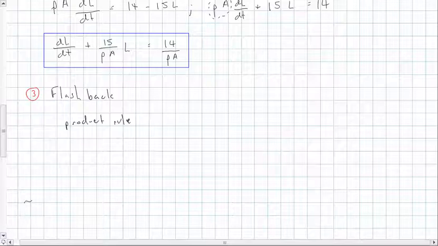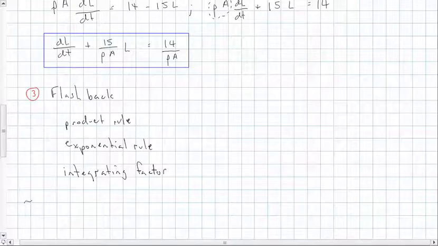The next is an exponential rule. And then this idea of an integrating factor. If you want, pause the video and test yourself and see if you can write out the product rule or the exponential rule, or explain what an integrating factor is.